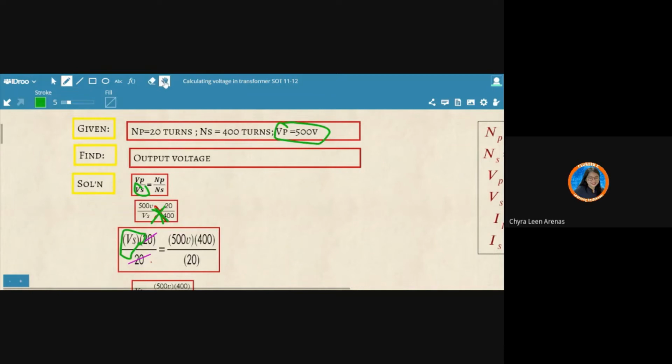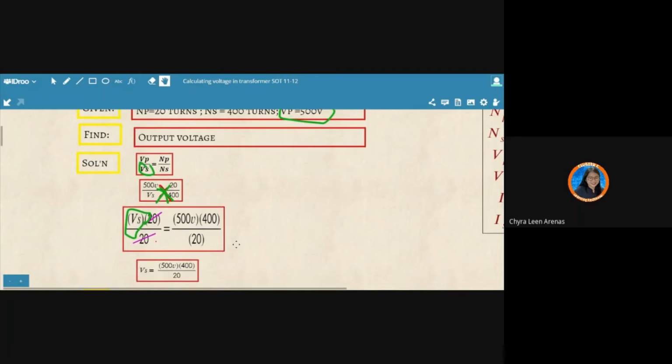So we cross multiply, cancel 20 and 20, and VS will be equal to 500 multiplied by 400 over 20.